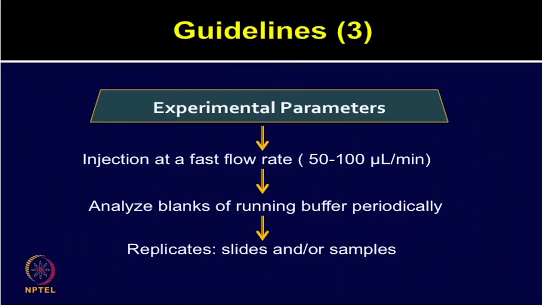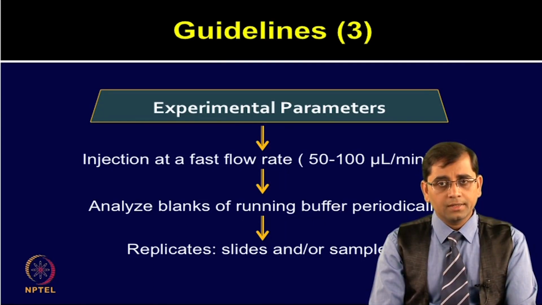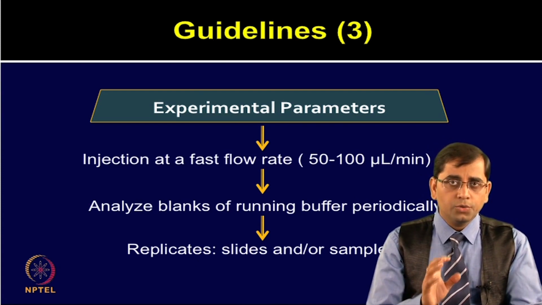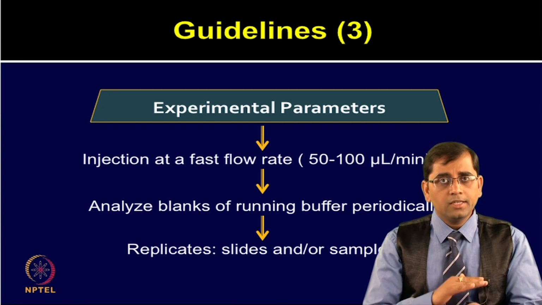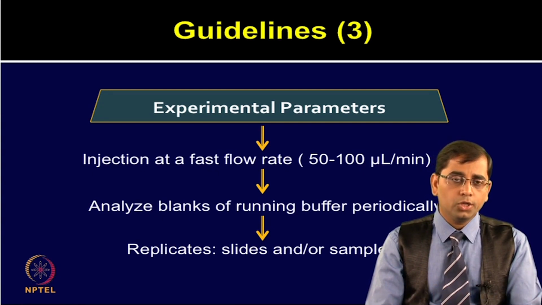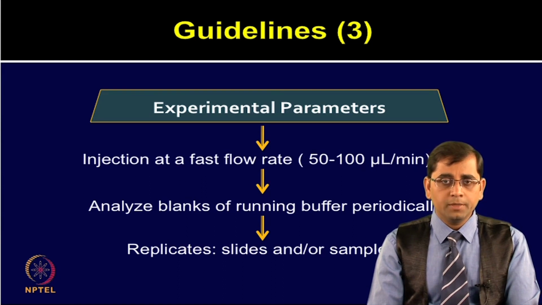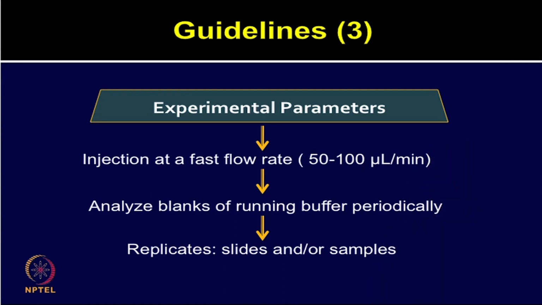Ideally, a fast flow rate can minimize mass transport type of effects. Analyzing blanks of running buffer periodically is critical to ensure reliable results and a stable baseline. Also, it is always judicious to reproduce such experiments on independent slides and independent samples.